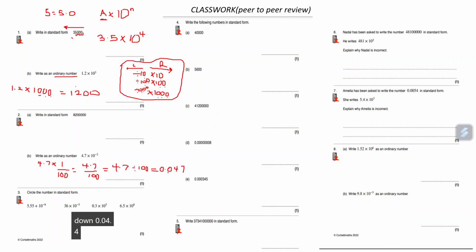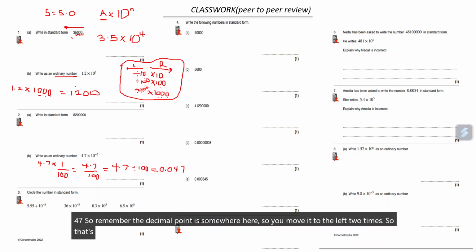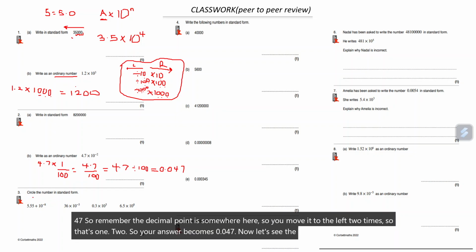Remember the decimal point is somewhere here. So you move it to the left 1, 2, and your answer becomes 0.047.